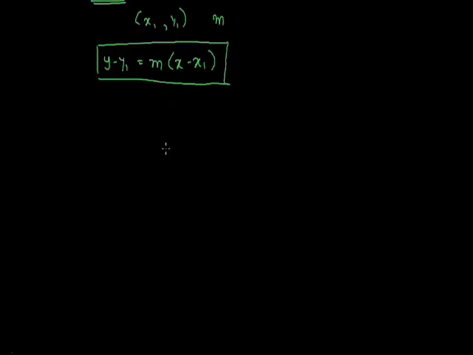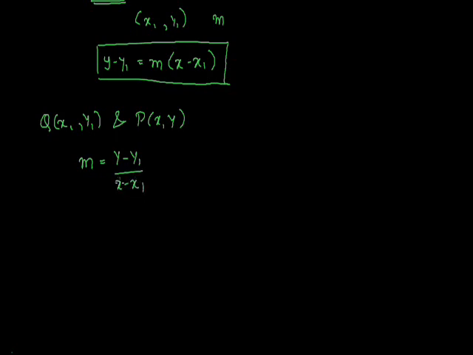Now we shall see how we have derived this formula. Let's say we have 2 points Q of x1 y1 and P of x y through which our line passes. Then the slope of the line, which over here we have taken as m, is equal to y minus y1 upon x minus x1.